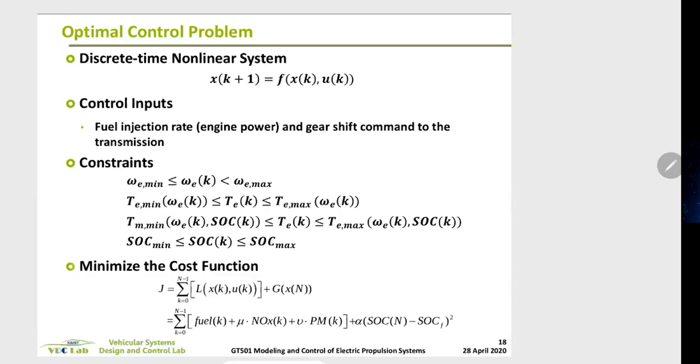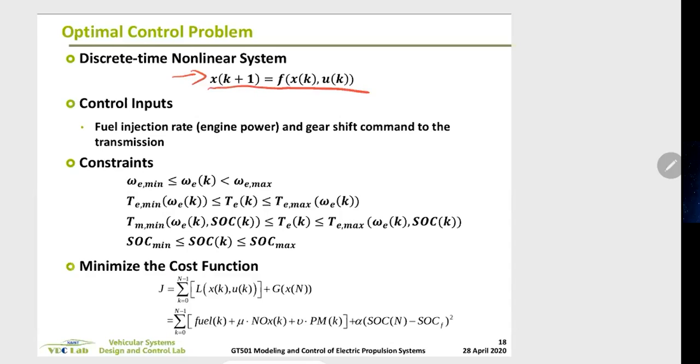So to solve this problem, usually what you have to do first is define your optimal control problem in a discrete manner, meaning that you have to first come up with your system in discrete form, x_{k+1} = f(x, u), right?